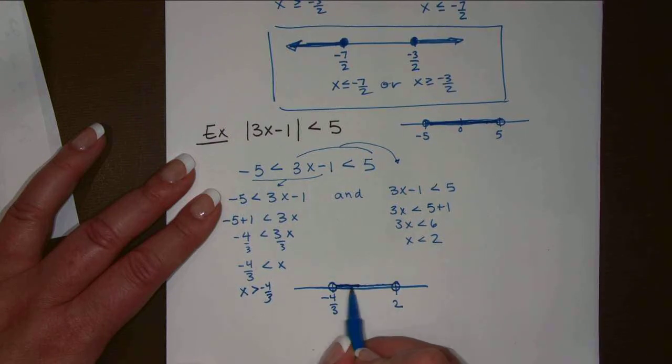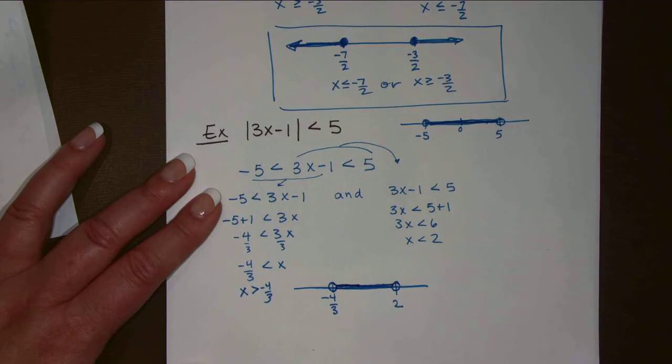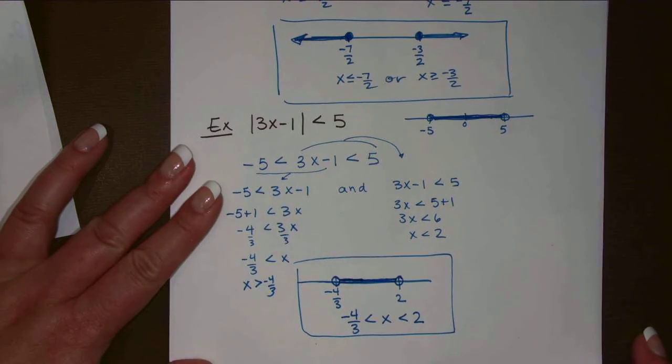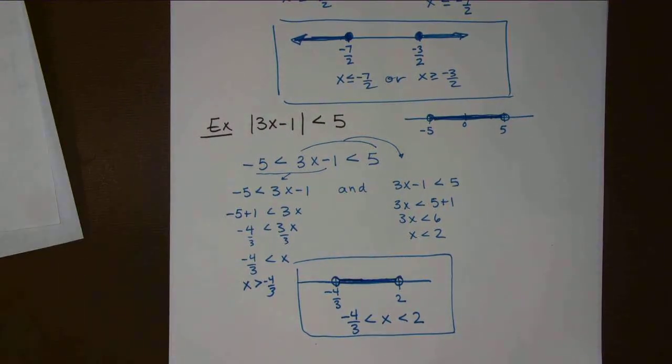And yes, it'll always be in between because that's how we started the question. We knew that it was going to be in between two numbers. And we would write it together all as one equation. There was no equals, so there's no equals in the answer. Okay, so that's how you would set up those.